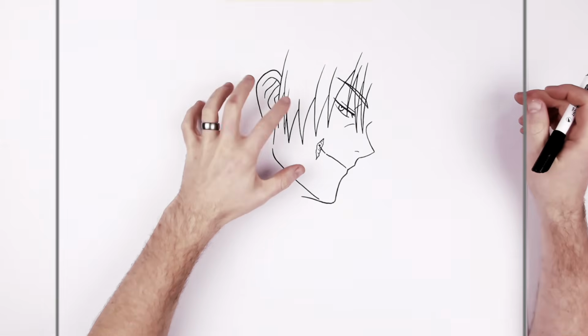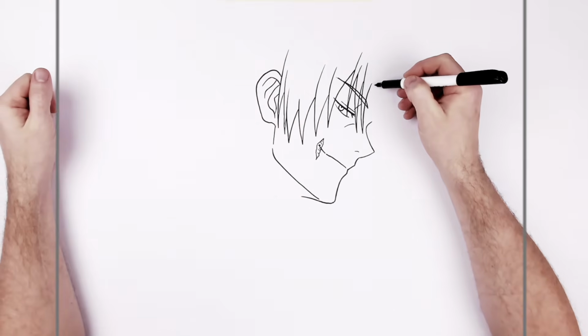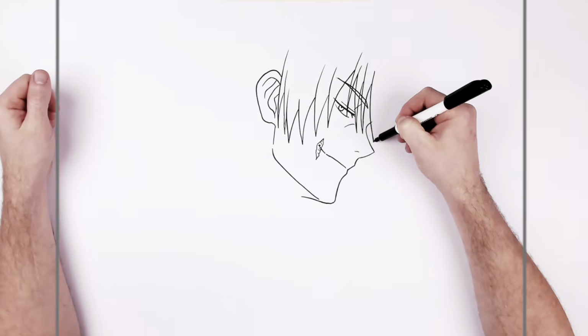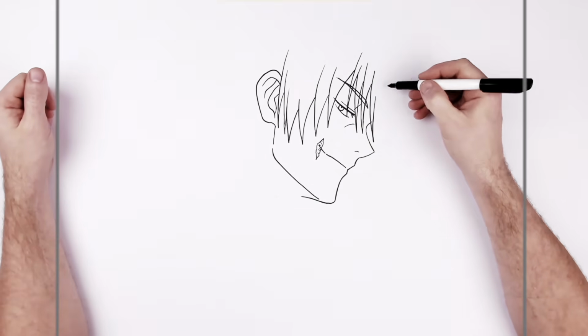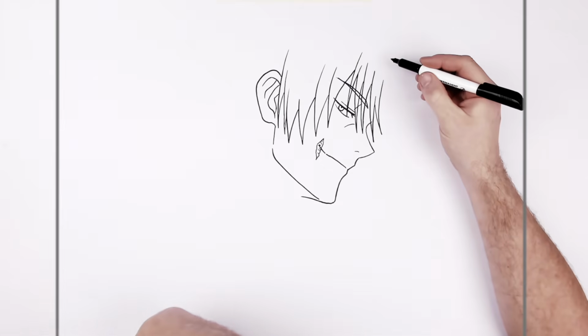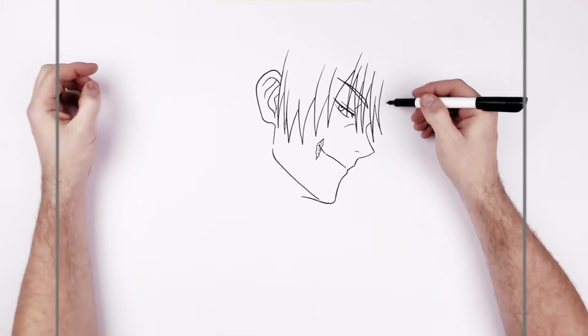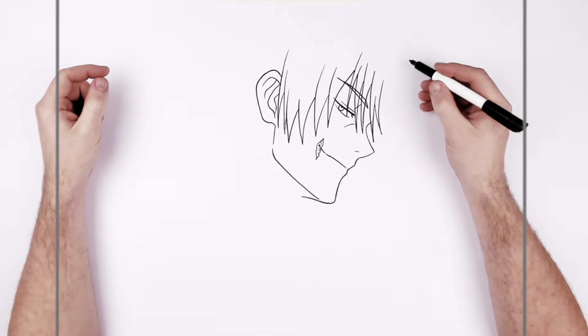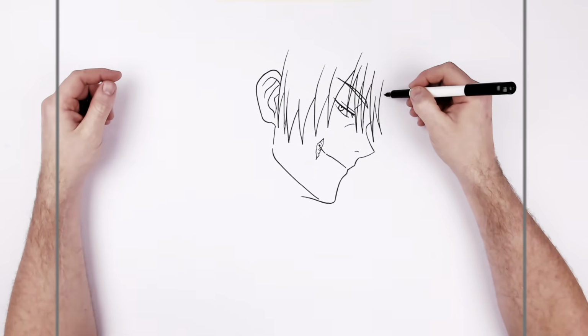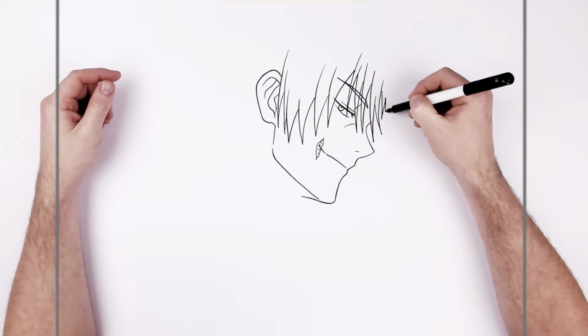And then there's some that go out the front, right? So this way. And then there's some that hang down the back of his head as well, but there's two, so we'll put two smaller ones there.